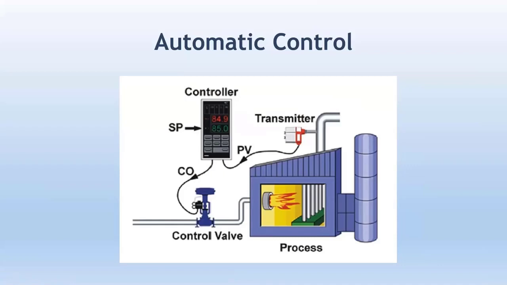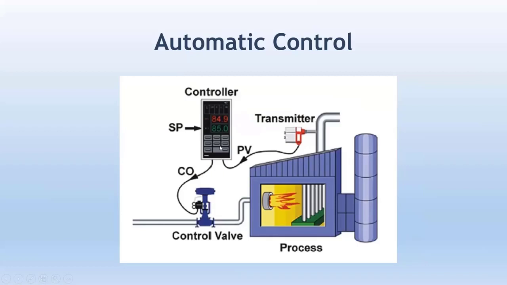You're instructing the system, I want this temperature to be 85. So this is your set point, and the PV here is 84.9. So now there is a difference. How much is the difference? Just 0.1.